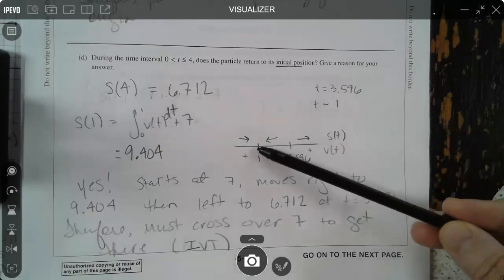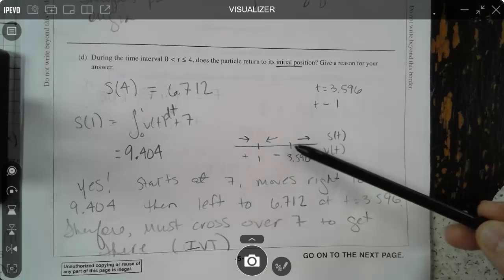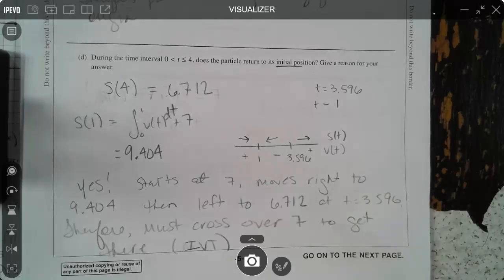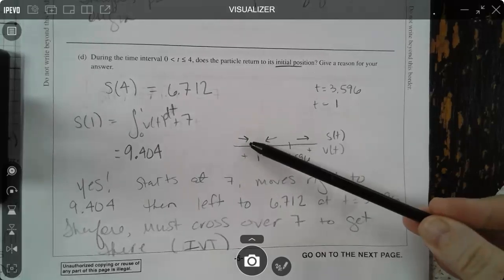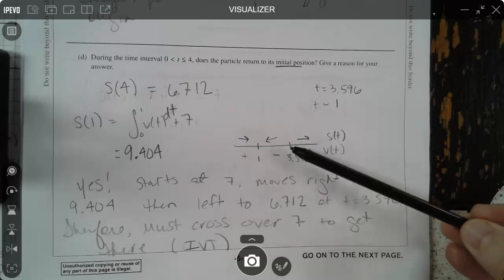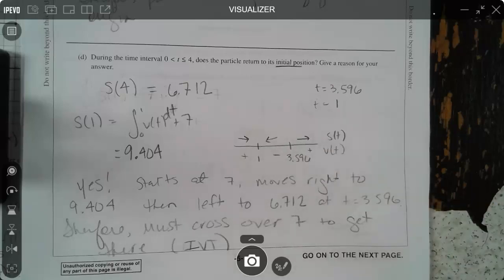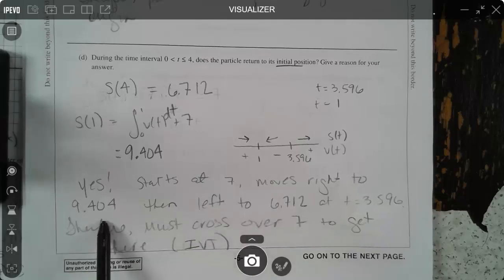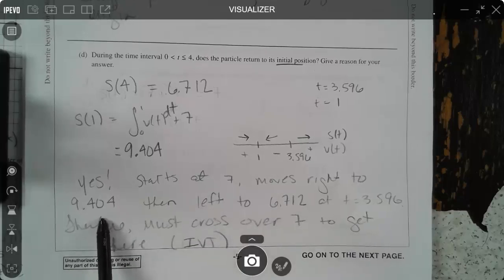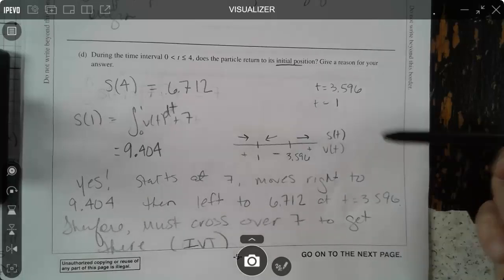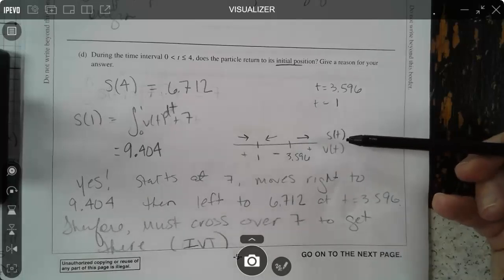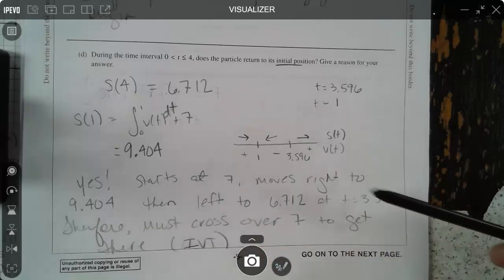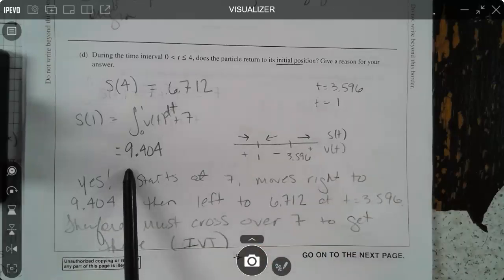So I knew that at 1 second, I found every place the velocity was 0. So I knew it moved to the right, then to the left, then to the right again. And so because it starts at 7 and it goes right until it hits 9.404, I used my calculator to find the position at S of 1.